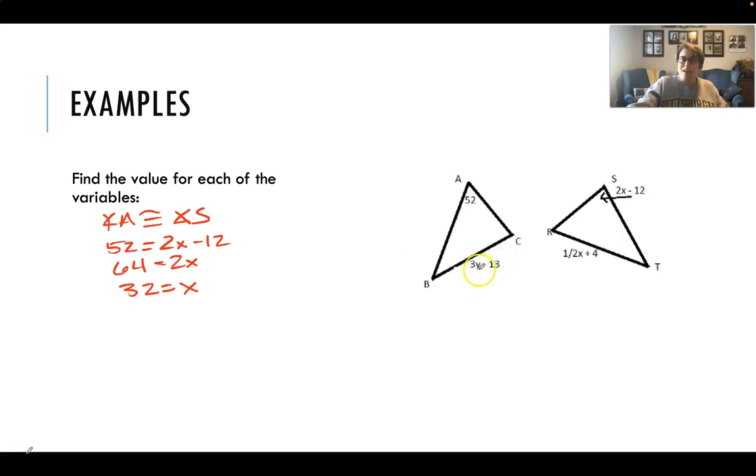Likewise, I could then say that BC is congruent to RT. Now, at first glance, that's not a pretty thing because it says 3y minus 13 equals 1/2 x plus 4, but that's okay because we know what x equals. So we'll just substitute that.